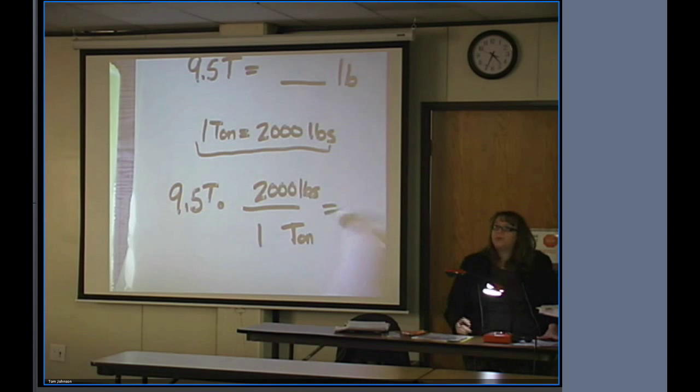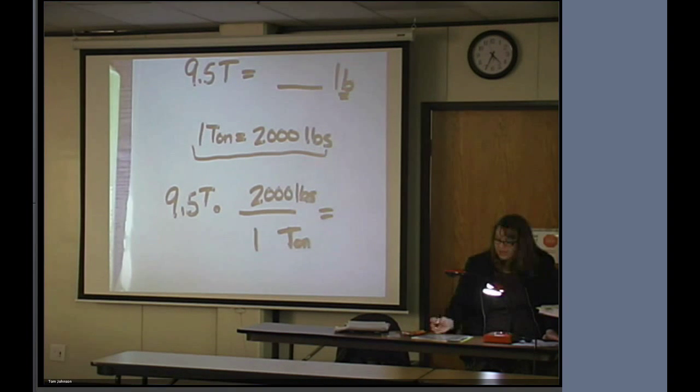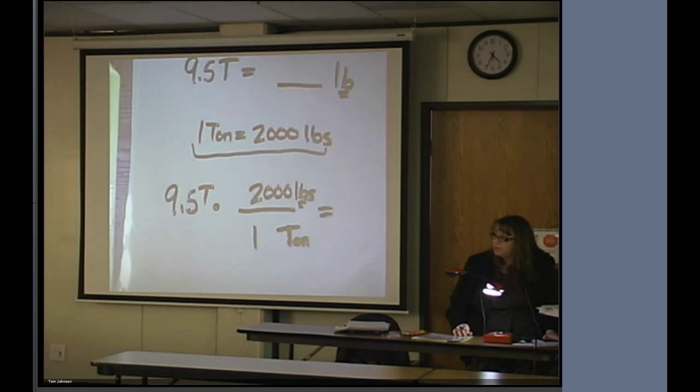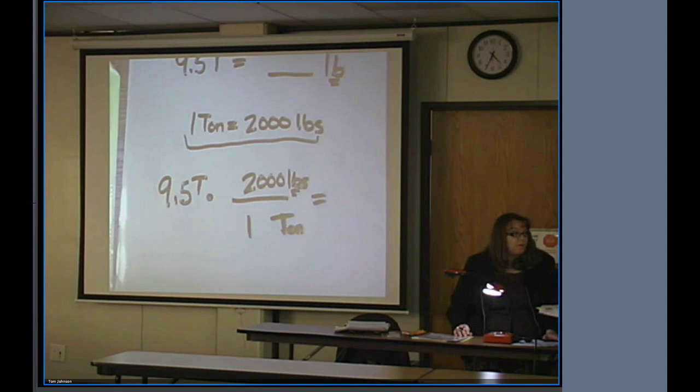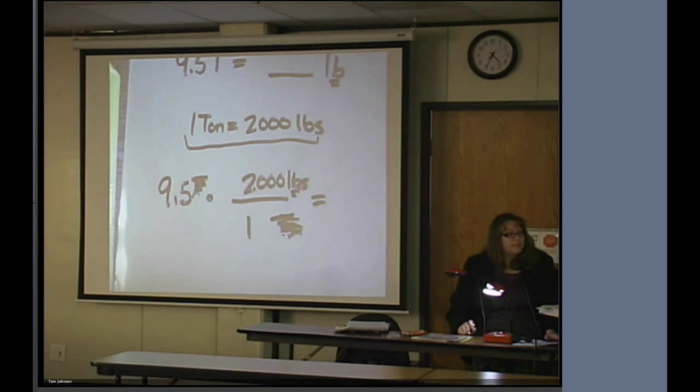And then sometimes you have to do a few more to make sure it comes out to the units that you want. The units that you want here are pounds, and I can see that I'm going to get pounds, so I can go ahead and move forward. The first thing I do is check my units. Tons will cancel with tons, and I'm going to be left with pounds.